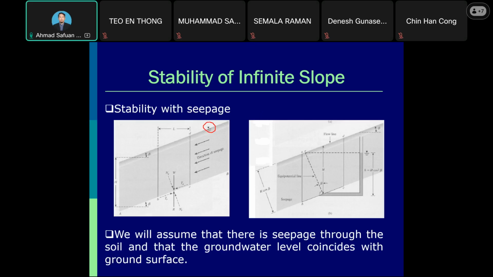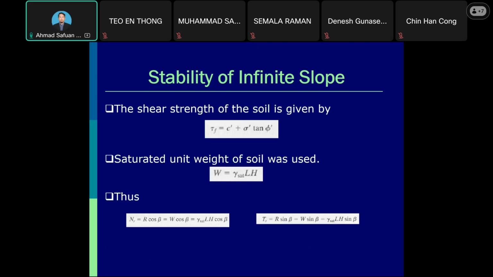Slope stability with seepage. We assume that there is seepage through the soil and the groundwater level coincides with the ground surface. The shear strength of the soil is given by tau F equal to C plus sigma tangent phi.